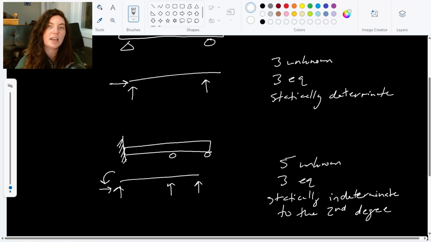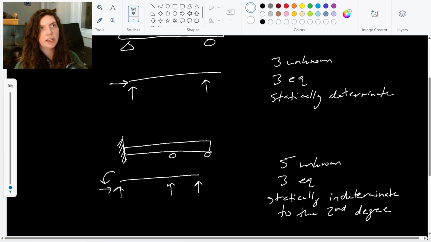So that means that we would need to come up with 2 more equations to relate things together. Right, so this can be valuable when we're trying to decide how many equations we need and set up additional equations.